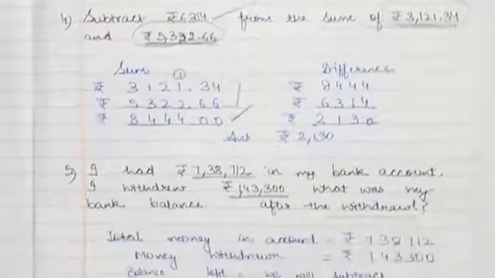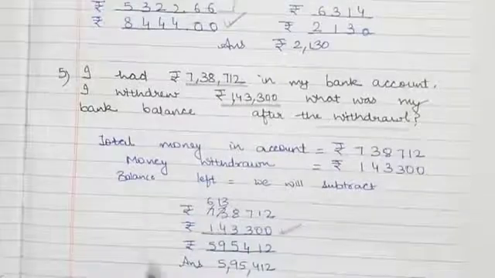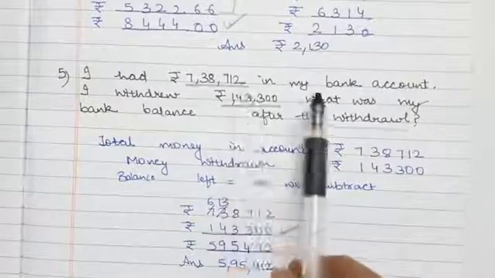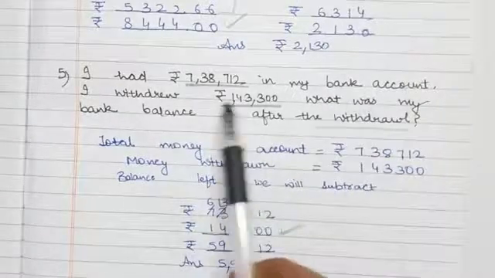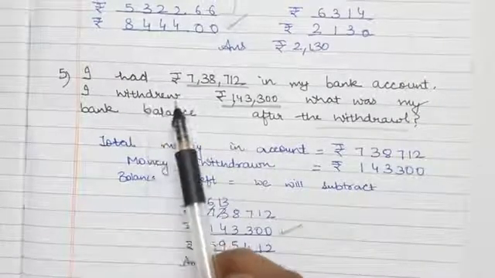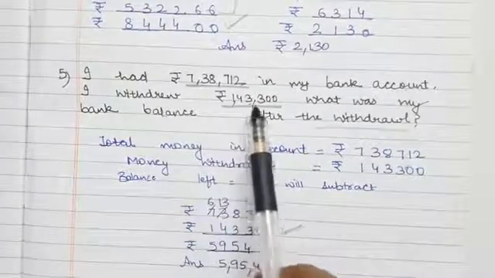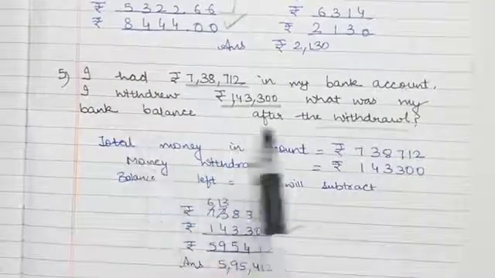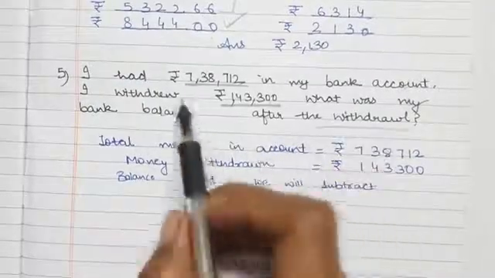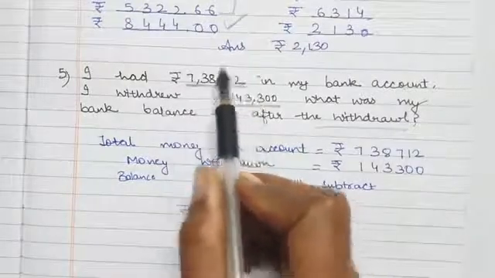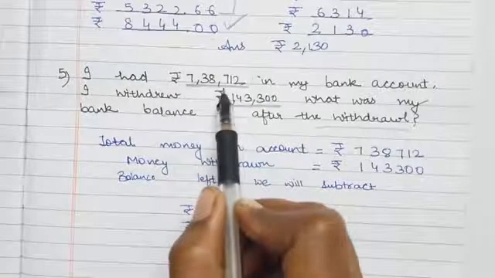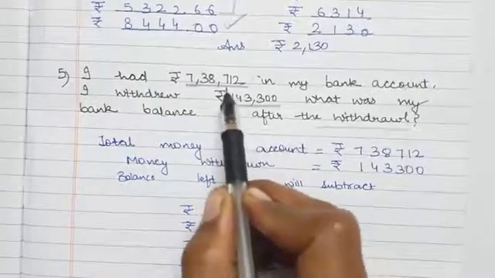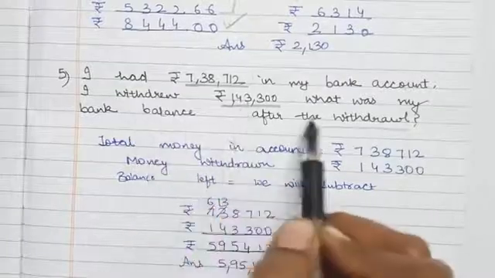Next question is, I had 7,38,712 in my bank account. And after some time, I withdrew 1,43,300 rupees. So what was my balance after the withdrawal? Means in my bank account, I was having this much money. And after some time, I withdrew this money. So how much money was left?